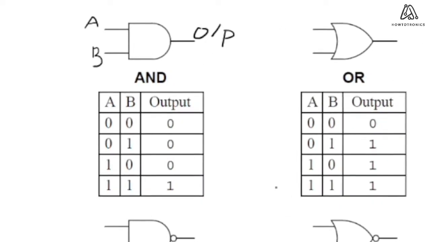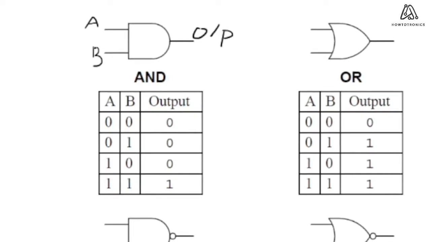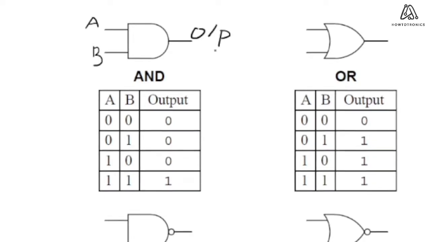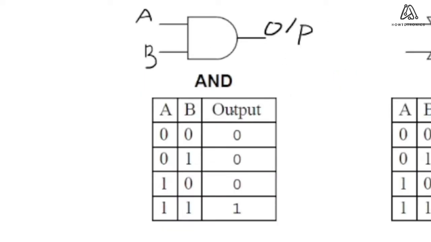I'm just going to start with the AND gate as an example. If we had a logic 0 at A and B, our output would be 0. If we had 0 at A and 1 at B, 0. 1 at A, 0 at B, 0. Then only when we have 1 at A and 1 at B do we get the output 1.